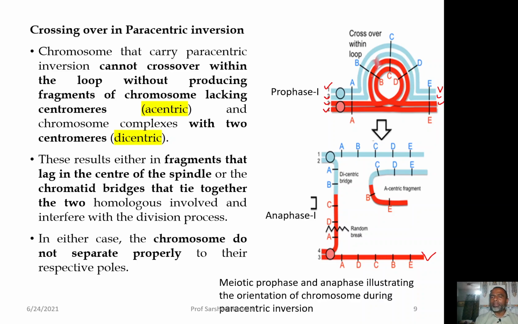Now it will have the red B and then come down and have the red E. So, now all four chromatids are involved there. This is the segment which does not have the centromere, so it will not go to any pole. It is the acentric fragment and this is the dicentric fragment. This is what happens during the separation of the chromatids after crossing over in the inverted chromosome: you will have the acentric chromosome and the dicentric chromosome.